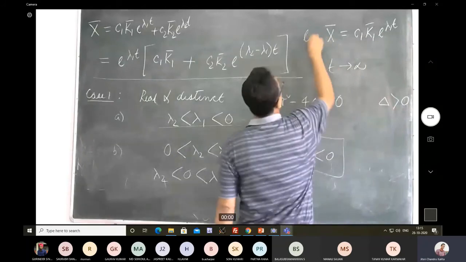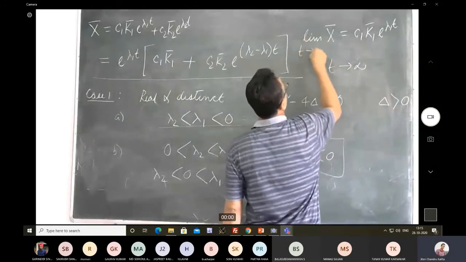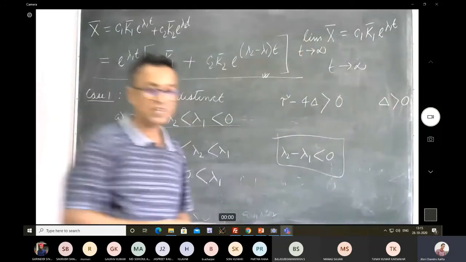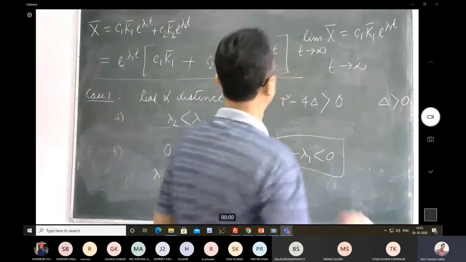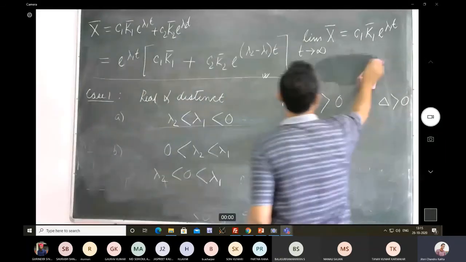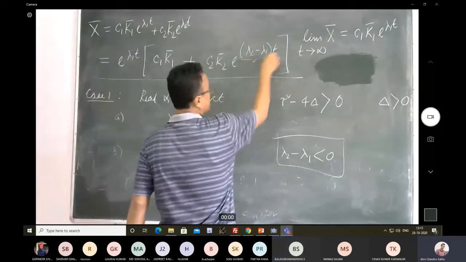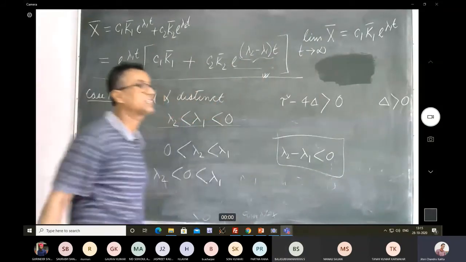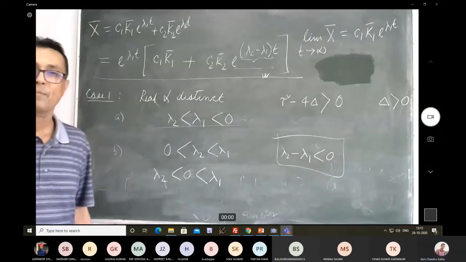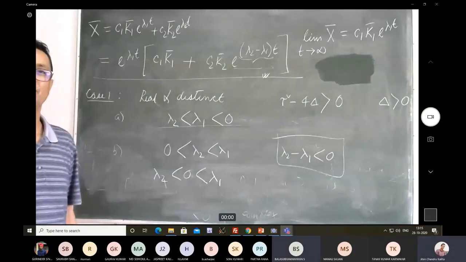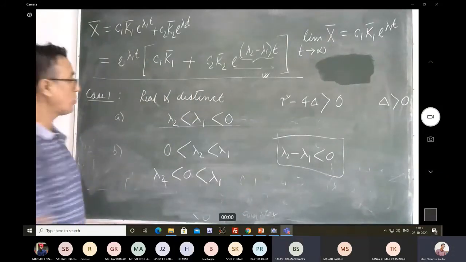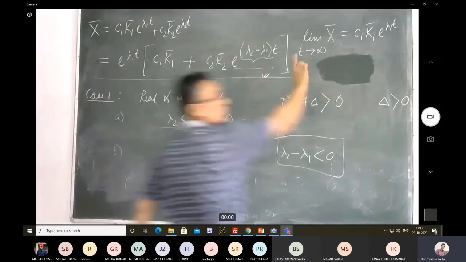Because the exponent is negative, the other term tends to 0 as t tends to infinity. So for all these three cases, this is always valid.